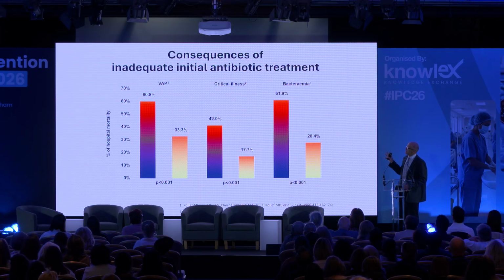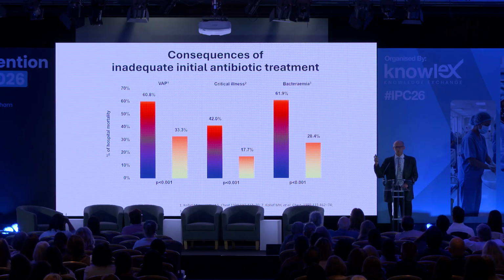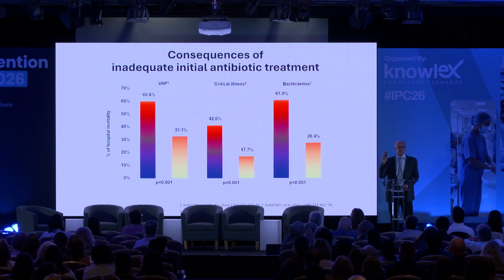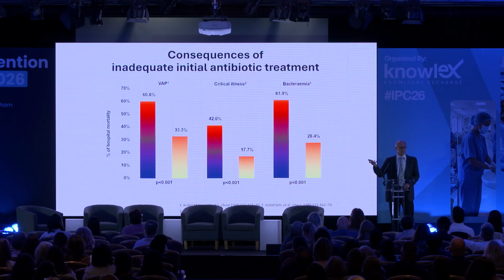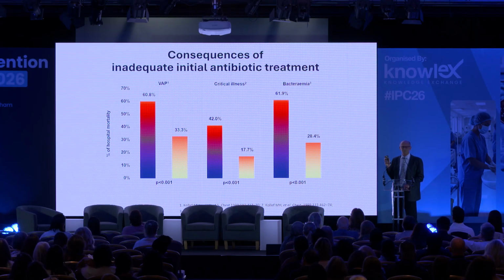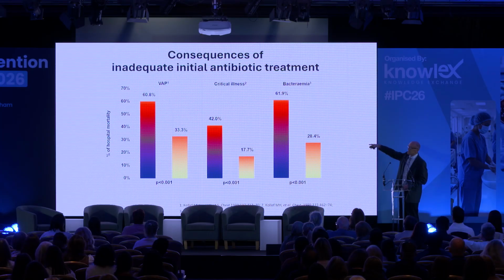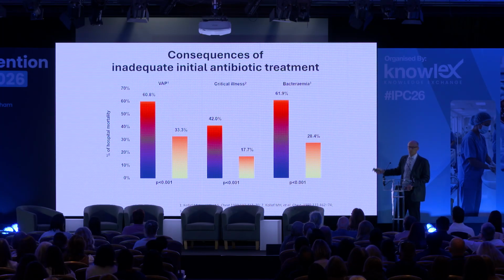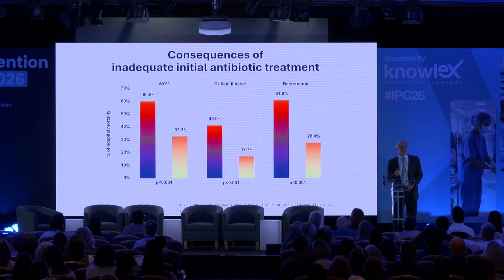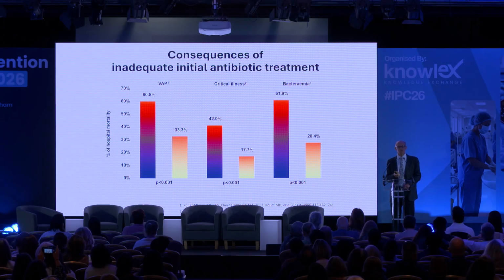But the message here is if you choose an incorrect antibiotic or combination of antibiotics, and the definition of incorrect is that ultimately the bug or bugs are shown to be resistant to those antibiotics, if you make a bad guess, then the chance of dying, whether you've got ventilator-associated pneumonia on the left, whether you're critically ill, that's lots of different things obviously in the middle, or whether you've got a bloodstream infection on the right, your chance of dying doubles compared with if your initial antibiotic choice is good. It's a good guess.